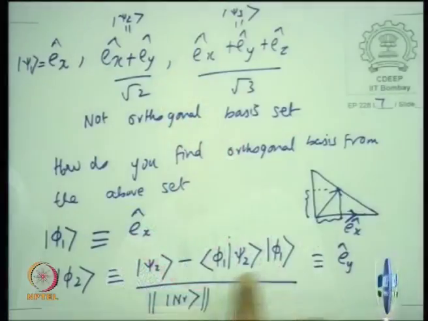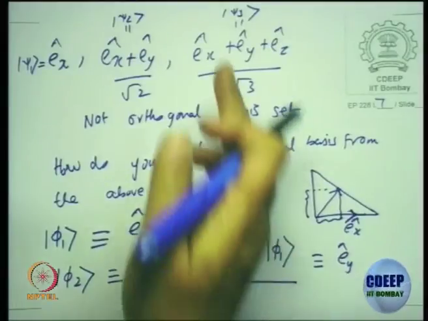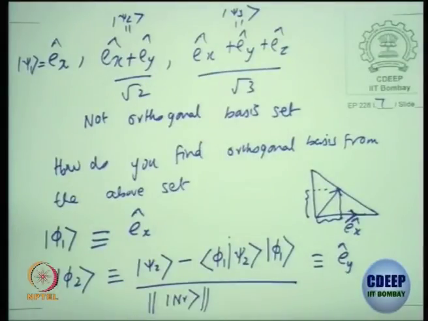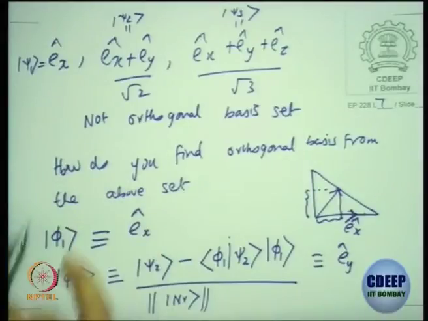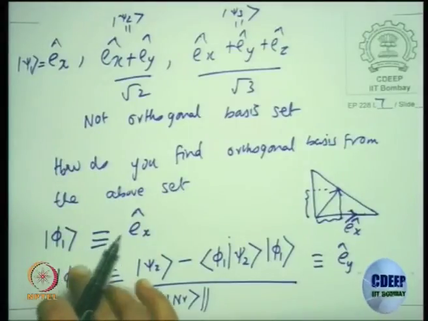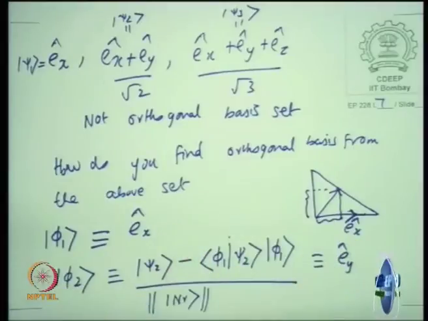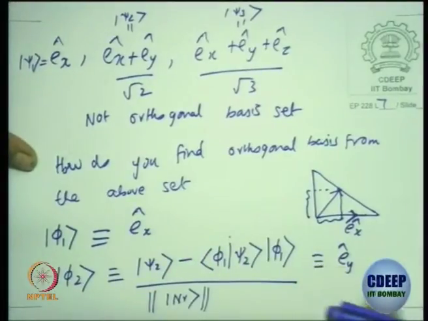And there is something which you can see here. How do you do phi 3? You need to subtract the component along phi 1, the component along phi 2, and then normalize that numerator, and that will give you phi 3. So let's write it.